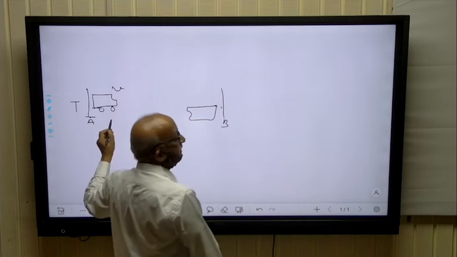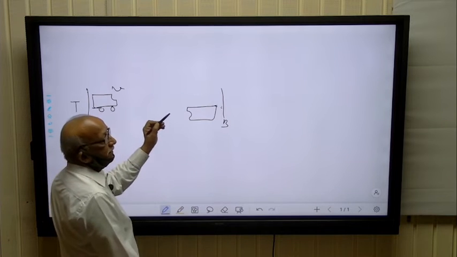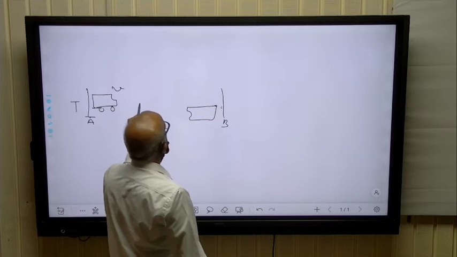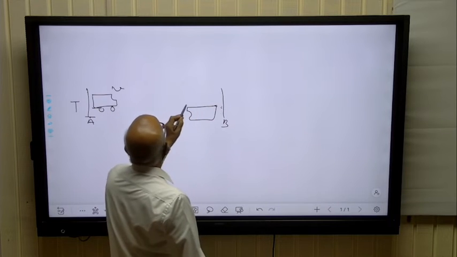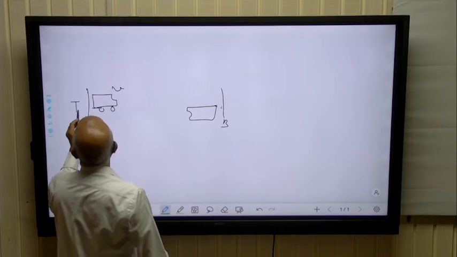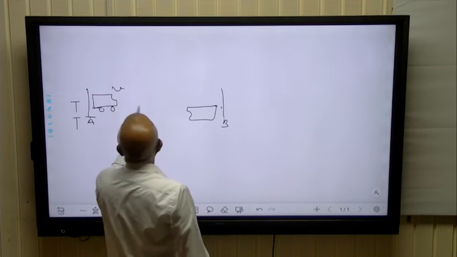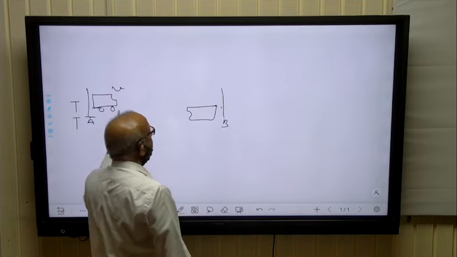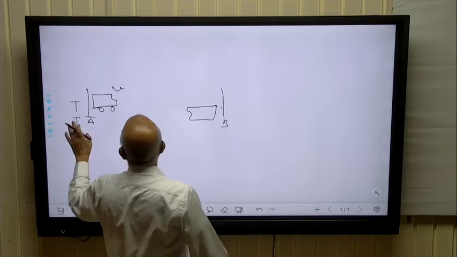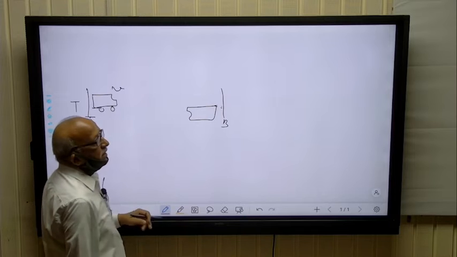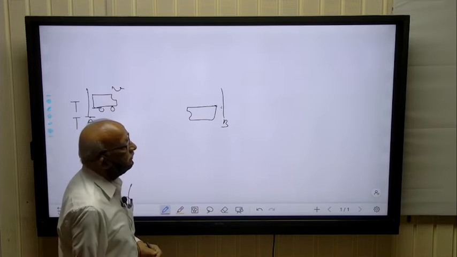Again it turns and moves with the same velocity, again comes here after time t. Every time during the motion it is reaching point A after a fixed interval of time.